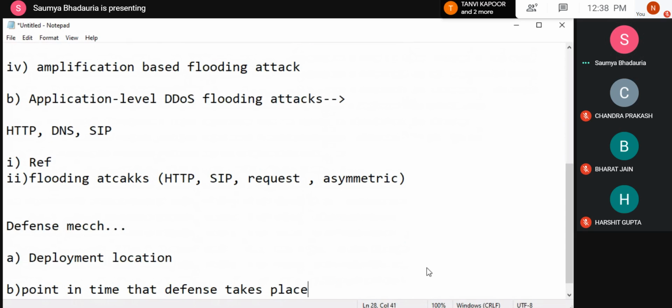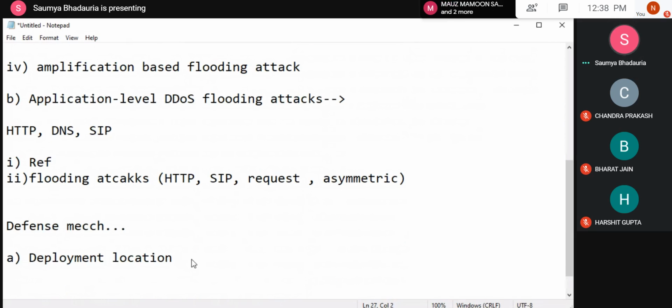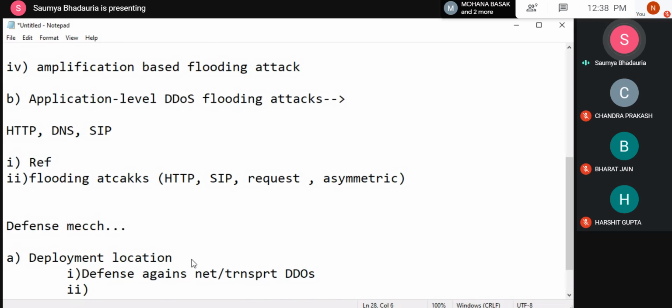Here, when I talk about deployment location, your deployment location can be the one defense against network or transport DDoS, and the second one which we spoke about is defense against application level DDoS flooding.